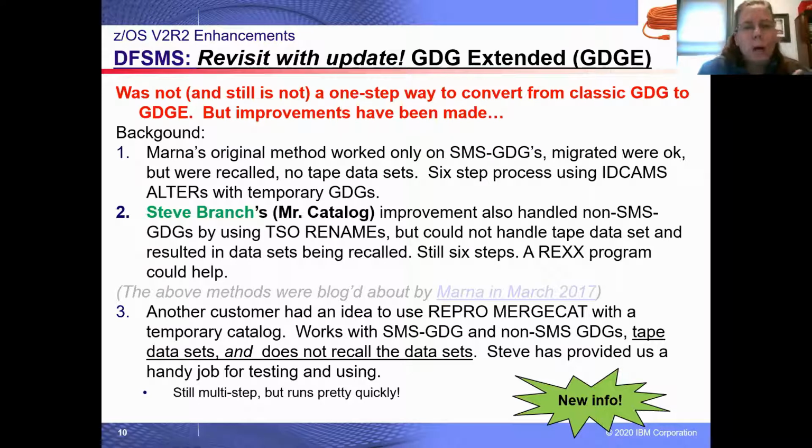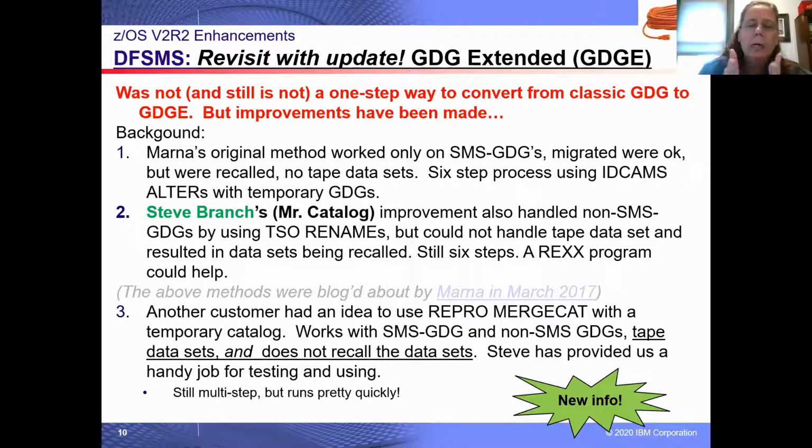Working on a lot of this and thinking about it more, we had a really smart customer that came to us and said, I got an idea. I want to use a REPRO MERGECAT. And I can get it down to fewer steps than you guys could. And so we said, great, what's your idea? He gave us the steps, and I'll show you in a second. Steve Branch actually coded it up and ran some regression on his catalog test cases, and it worked great.